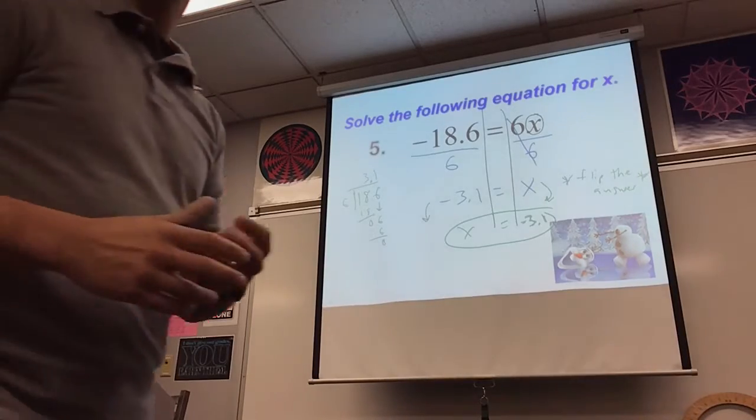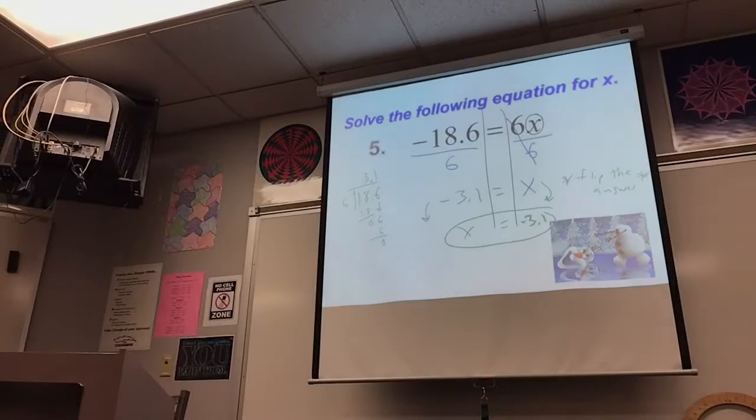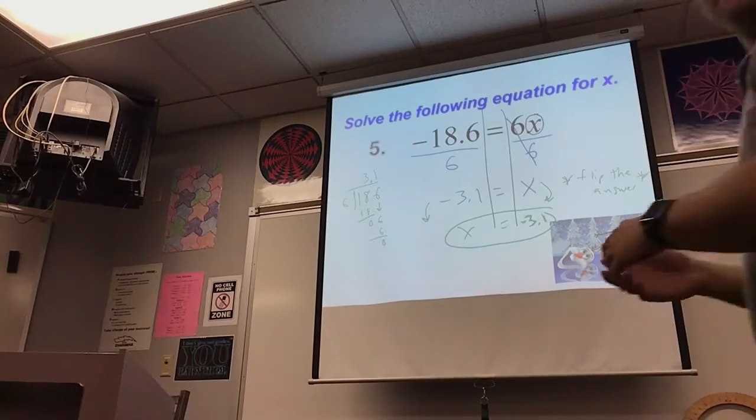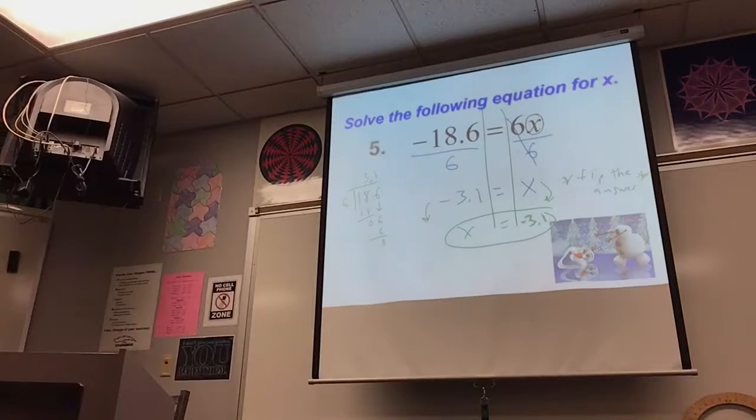So once you and your partner are also done with number 5 together, you can look up. You can also flip the numbers.